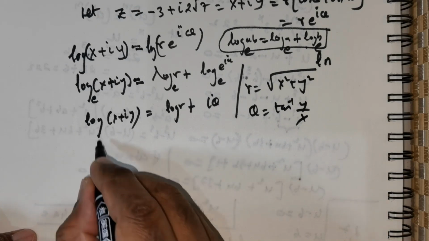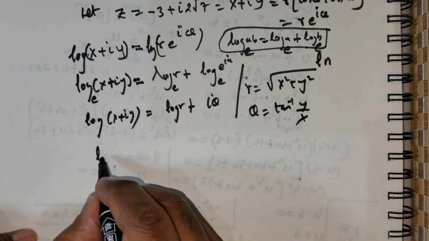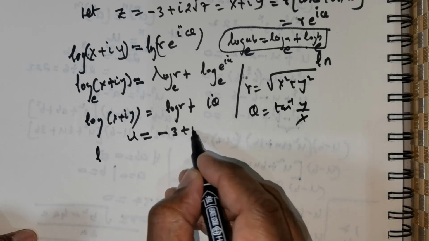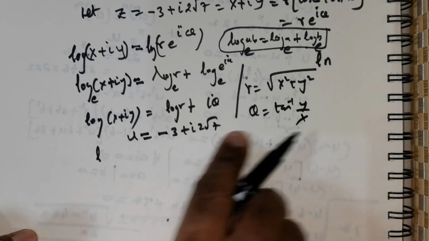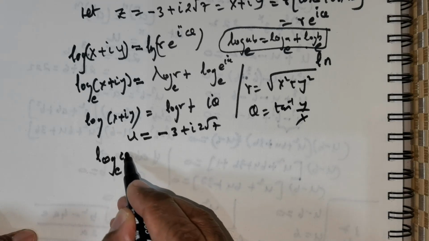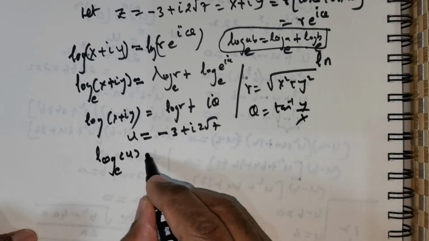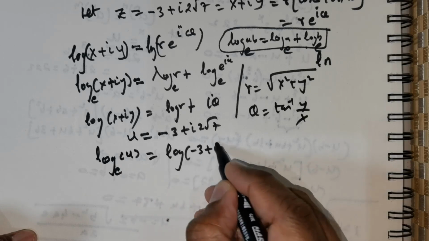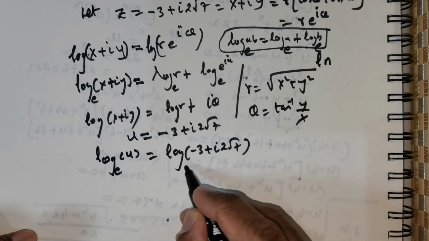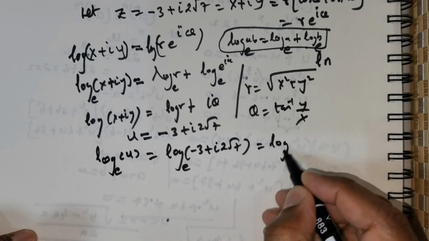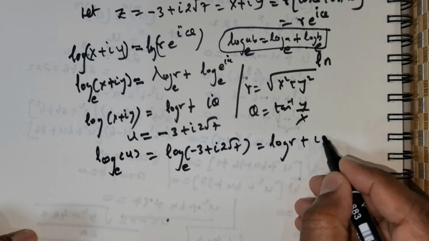So if I place the value, u is equal to negative 3 plus i times 2 root 7, and I take log on both sides, it's going to be log of u, with base e, equal to log of negative 3 plus i times 2 root 7. Now this is equal to log r plus iθ.